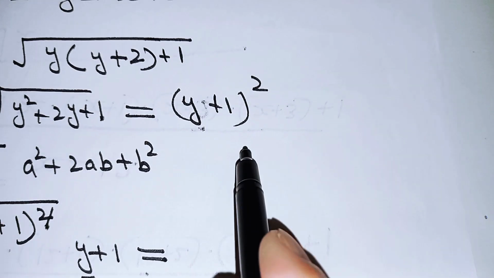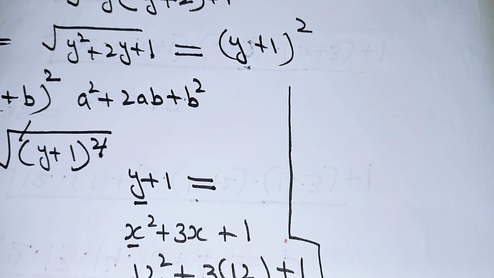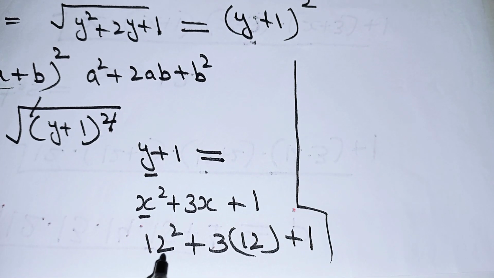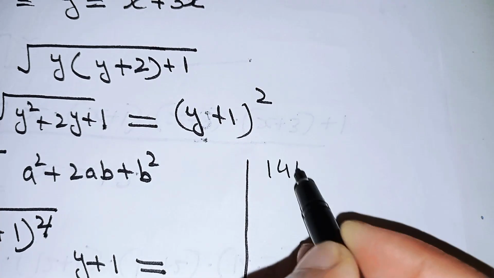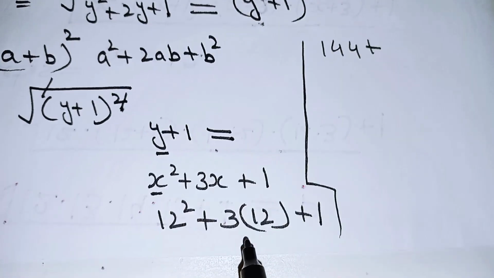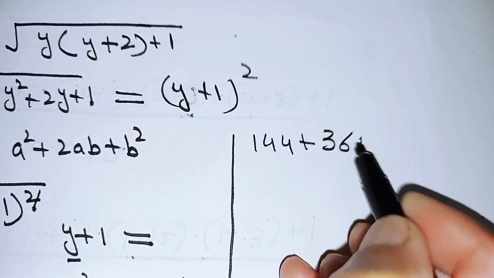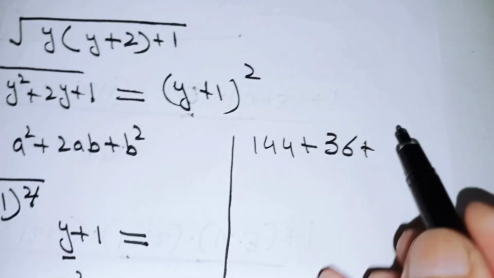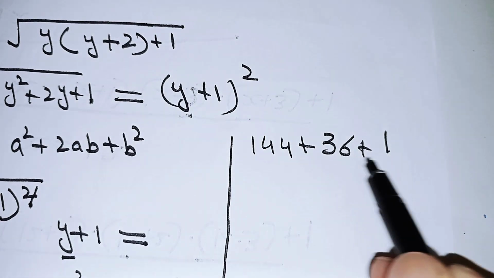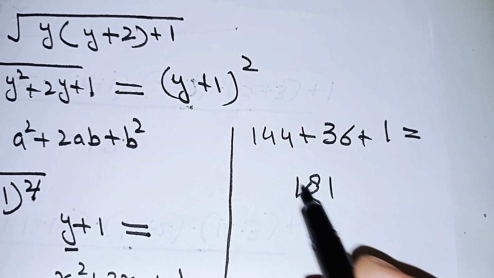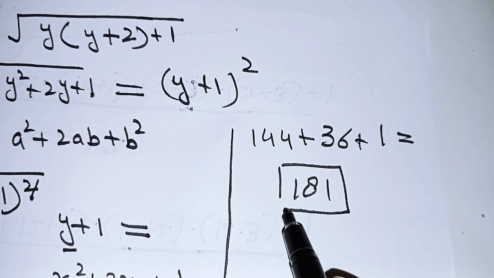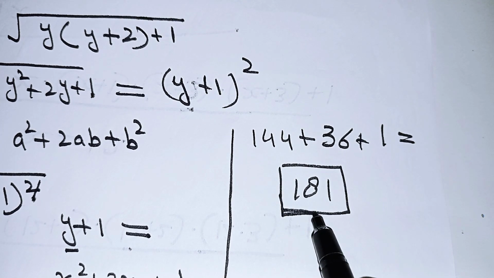So 12 square, 12 multiplied 2 times, is equal to 144, then plus 12 multiplied by 3 is equal to 36, and then plus 1. So we add them and it is equal to 181. Here it is, our final answer and our final solution.